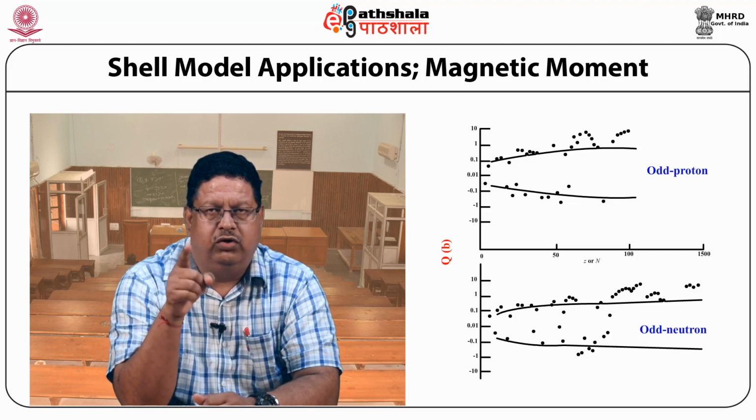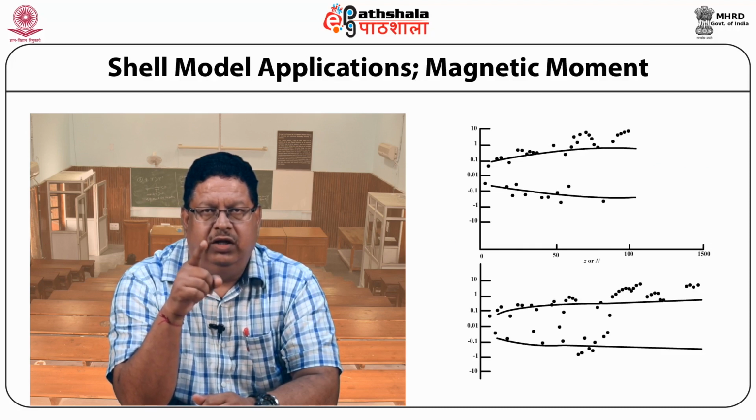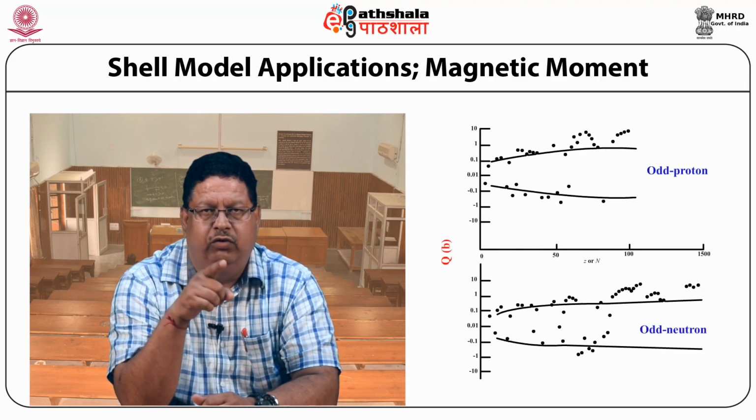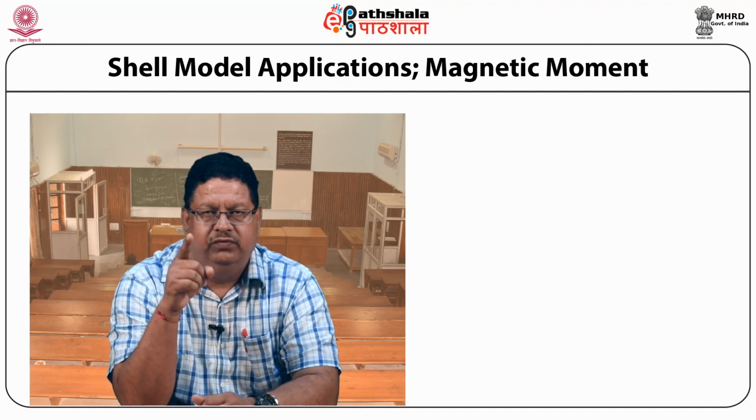Since the neutrons do not have any charge, ideally speaking the nucleus with odd neutron should have no quadrupole moment. But in actual, the neutrons in nucleus interact with nucleons of core to polarize it and generate quadrupole moment. So, in actual practice we see that some quadrupole moment is there for odd neutron nuclei.